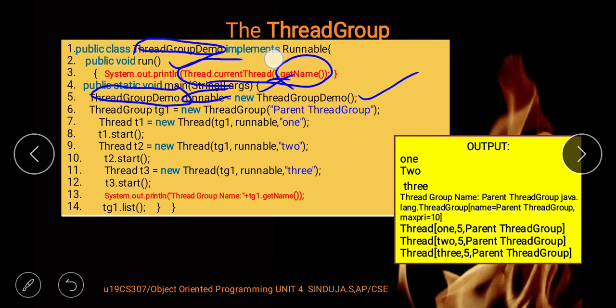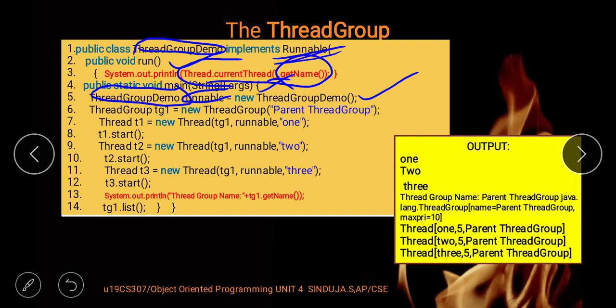This is done using the Runnable interface. So keep in mind, if I am using the Runnable interface, I need to create an object for my parent class, and in that parent class constructor I should supply the child class constructor.